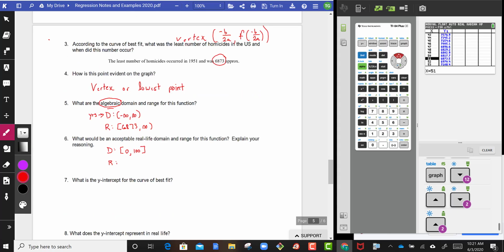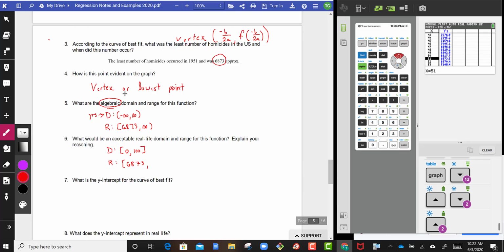And then again, the range, I'm going to use the same bottom point, 6,873. But then we have to think about what is a realistic high number for the number of homicides. It's obviously not going to go up to infinity. The highest number we have recorded in this table is almost 17,000.